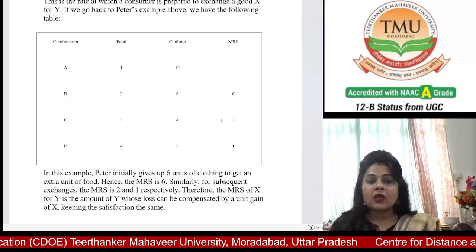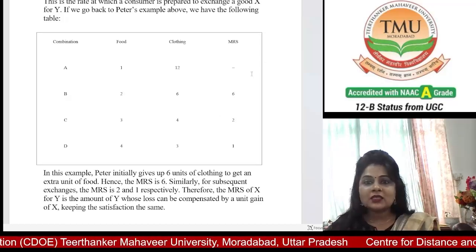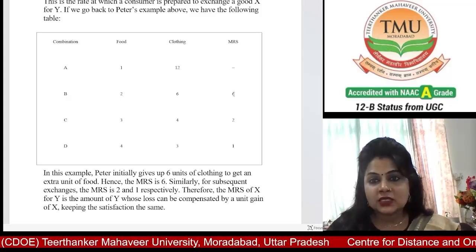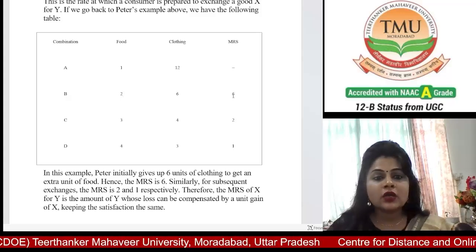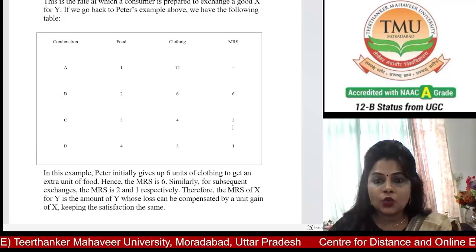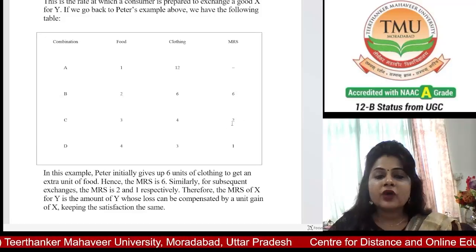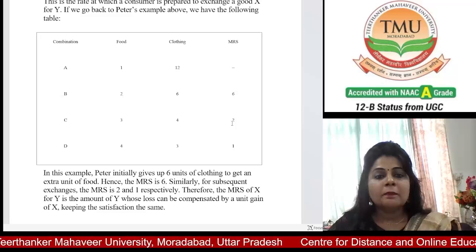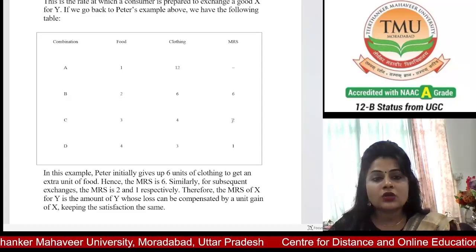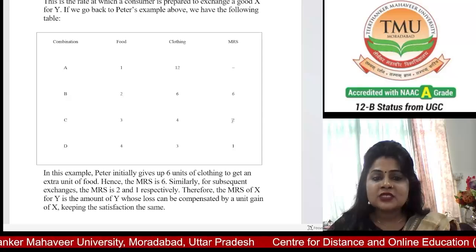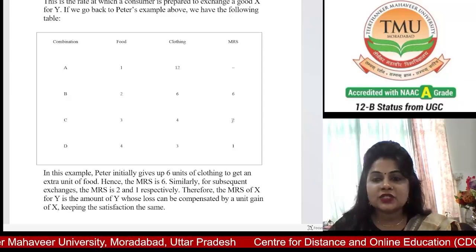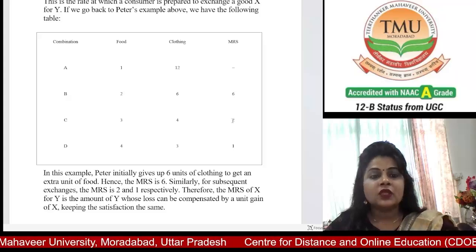Hence, here you can see the MRS is 6. Similarly, for subsequent exchanges, the MRS of X for Y is the amount of Y whose loss can be compensated by the unit gain of X, keeping the satisfaction the same.